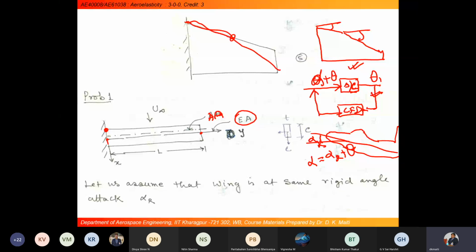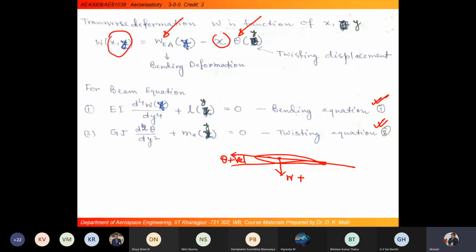Sorry, actually deflection, and lift also will be taken in that direction. So EI into del 4 W by del y to the power 4 plus the distributed lift, we take as equal to 0, the bending equation. Is it clear how I am taking? See, this is the origin of the coordinate.